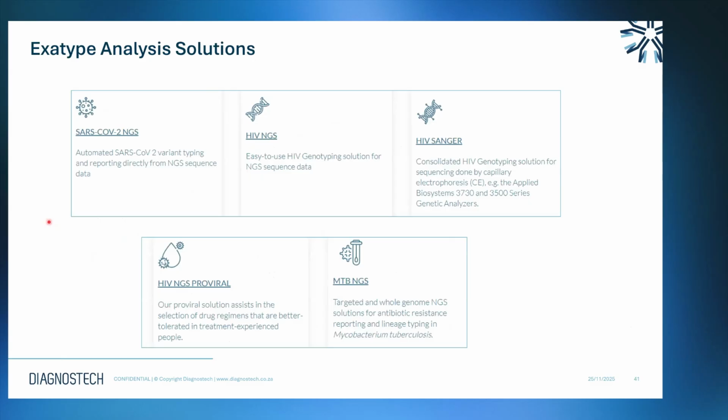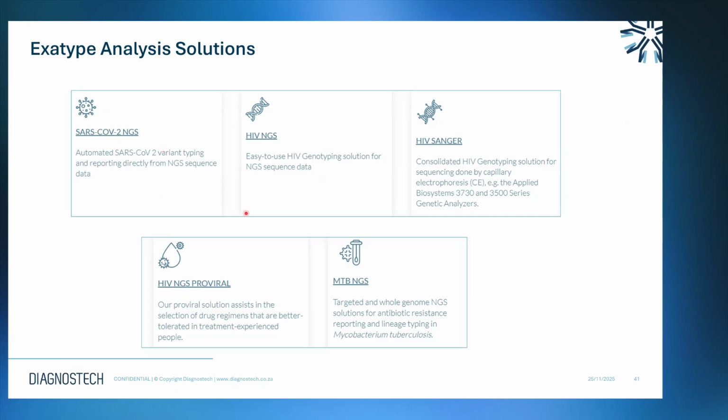So these are the currently available analysis solutions. Hyrax and Exatype started off with HIV analysis. That's what they were really known for. So they have an NGS-based HIV genotyping solution, as well as a Sanger-based HIV genotyping solution. During COVID, they added on the SARS-CoV-2 NGS analysis. So this is for variant typing and lineage analyses.